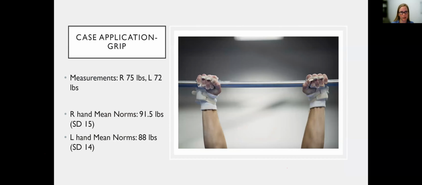And then if we look at the grip assessment, he measures at 75 pounds on the right, 72 on the left. And if you look at some of the age-based norms for him, he's within 1 standard deviation of that, but he's definitely below the mark for both.